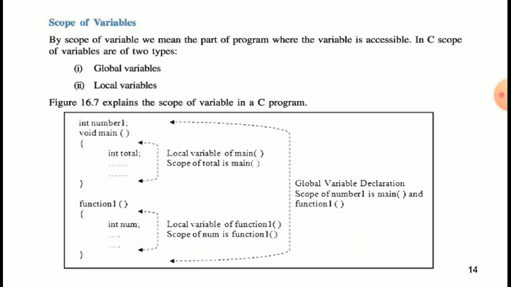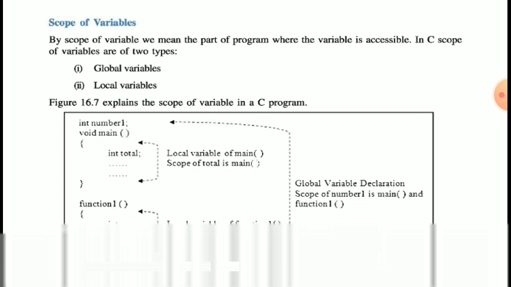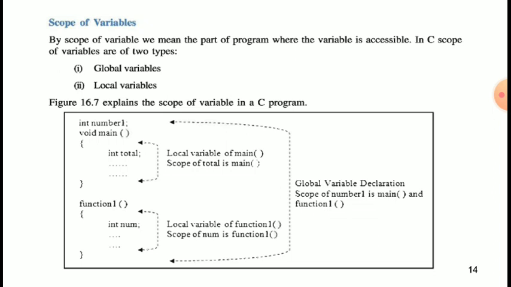Next topic is the scope of variables. By scope of variables we mean the part of the program where the variable is accessible. In C, the scope of variables is of two types. First is global variables and second is local variables. So first, int number1 is a global variable. Then void main, starting curly brackets, int total.